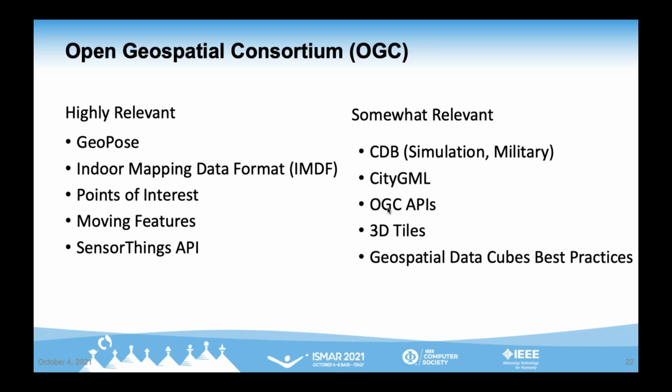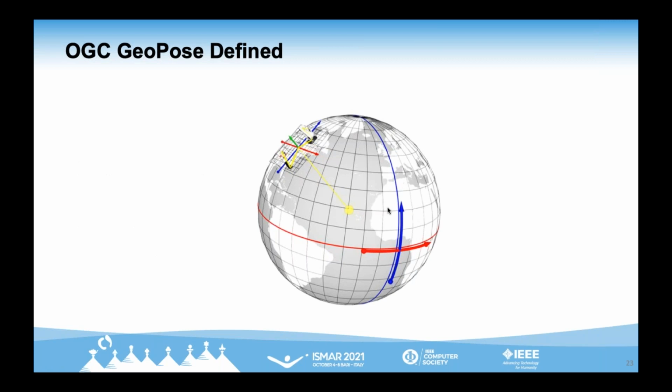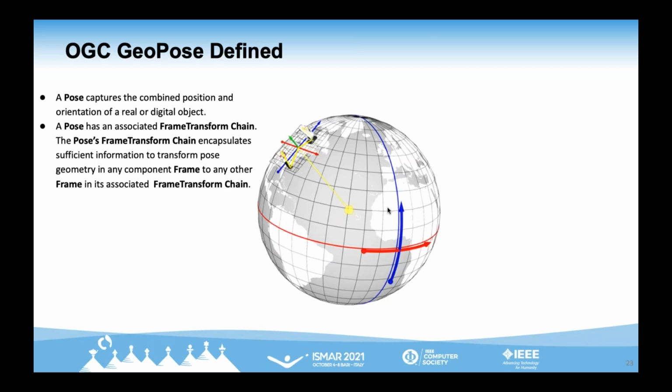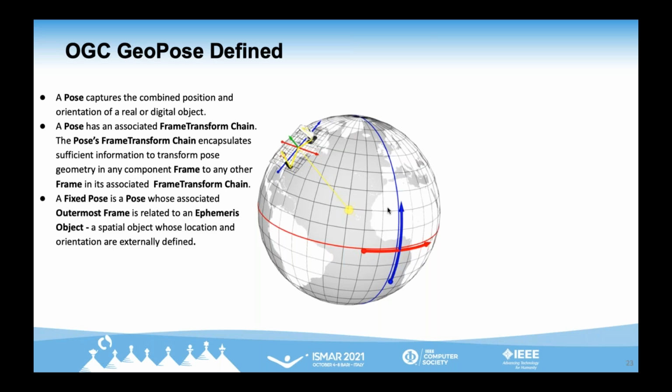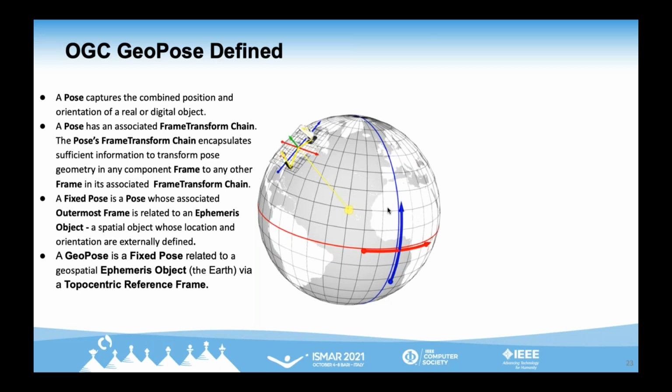On the left-hand side, GeoPose is a new specification, currently in draft, but in general it is telling you that a pose, which is the combination of position and orientation, has an associated frame transform chain, and using these transform chains in association with frames, the fixed pose can be put on the Earth. And when that fixed pose is related to the Earth, it's called a GeoPose.